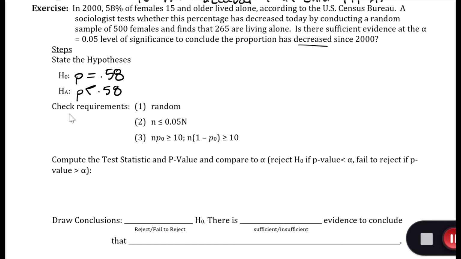Okay, so we're going to check our requirements, that we are random. So this sociologist did a random sample, so that one is satisfied. Then we've got to go through and check criteria 2. So our sample size, which is 500, is less than or equal to 5% of my population size. So we go through and divide by 0.05, and you get that n has to be greater than or equal to 10,000.